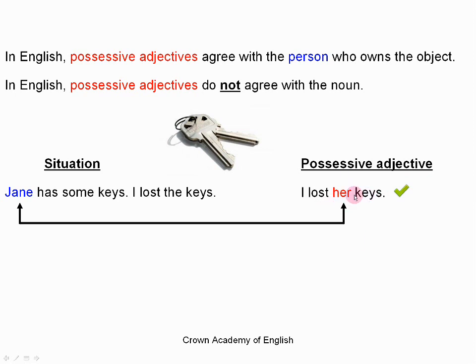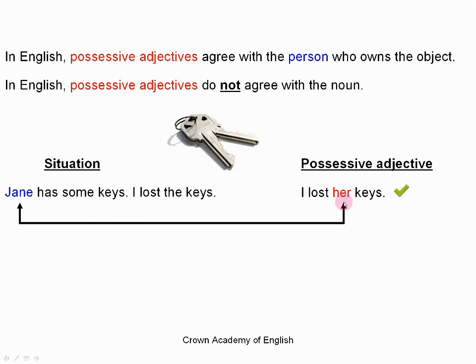And her, this possessive adjective, this agrees with the person who owns the object. Okay? Her does not agree with keys. Okay? Because keys is plural, but her is singular. Okay?